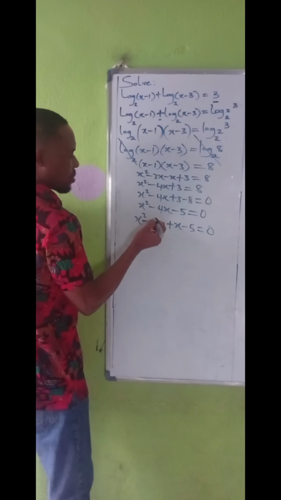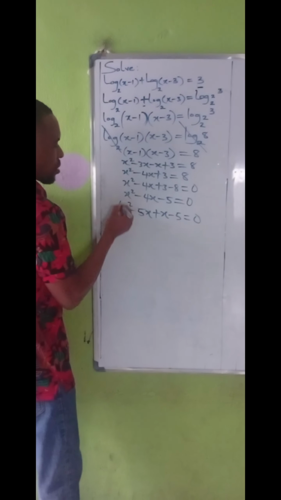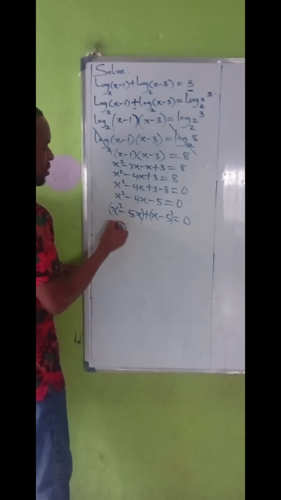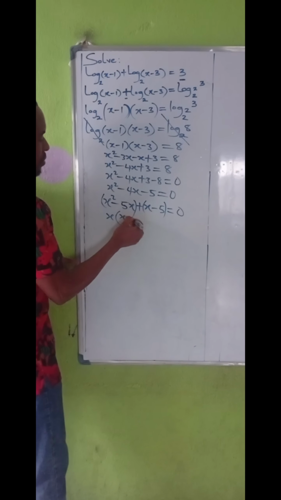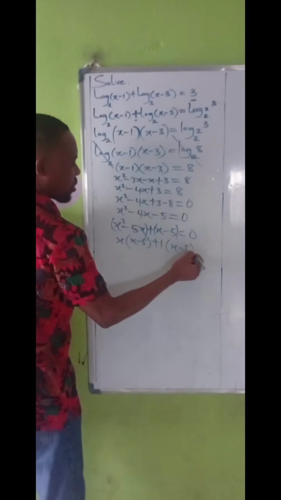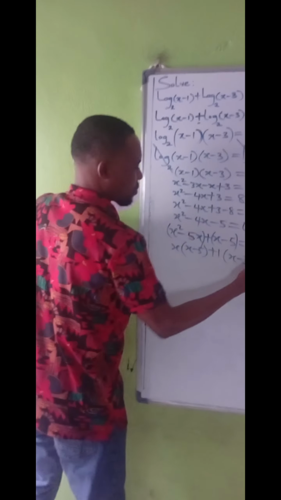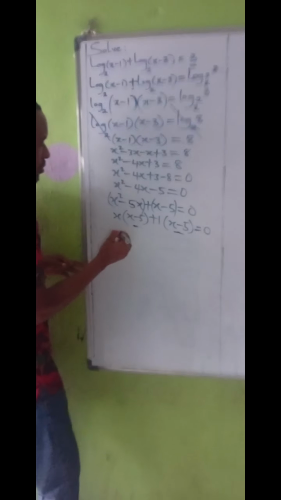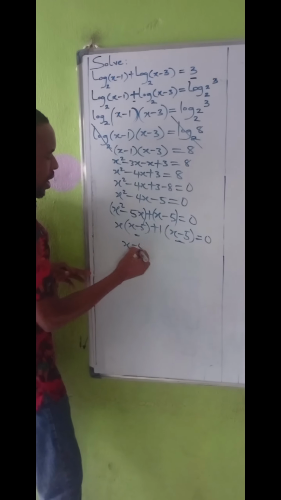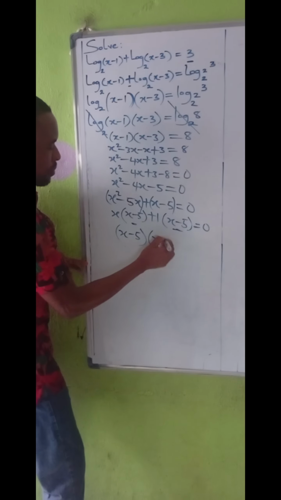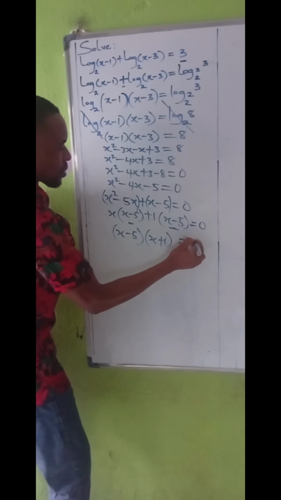Then let's factorize: x is common, x times x minus 5, plus 1 times x minus 5, equals 0. This x minus 5 is common, so we choose it once, and what is left is x plus 1 equals 0.